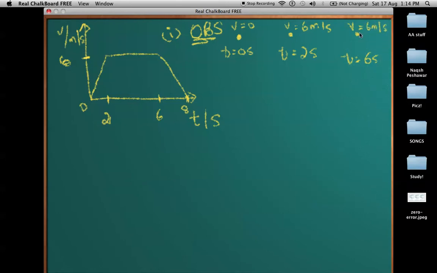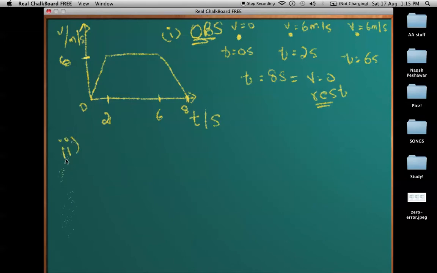And till 8 seconds, the velocity decreases, finally coming to rest since the velocity becomes 0. So you can make this picture in your mind: it starts from rest, increases its speed, then maintains its speed, and then decreases its speed till it comes to 0. This is the first observation that you have by just looking at the velocity time graph.